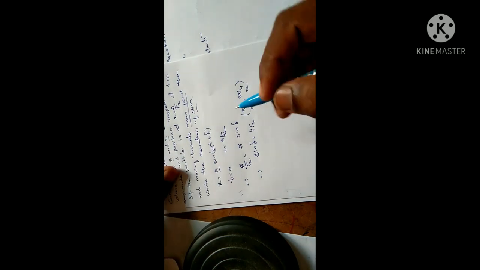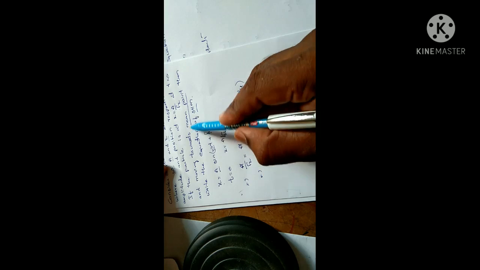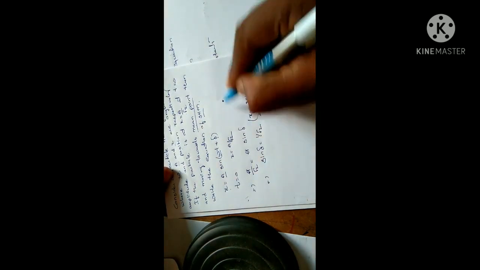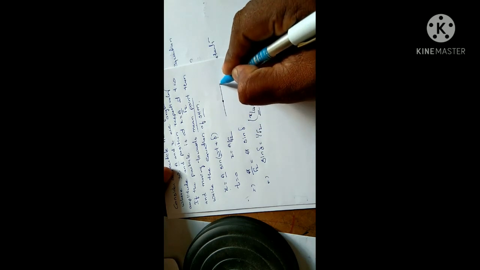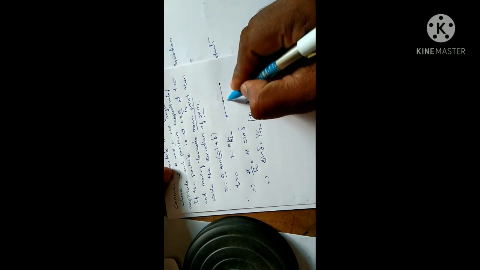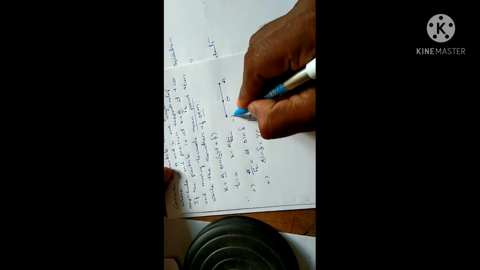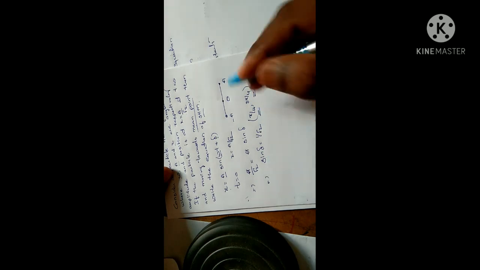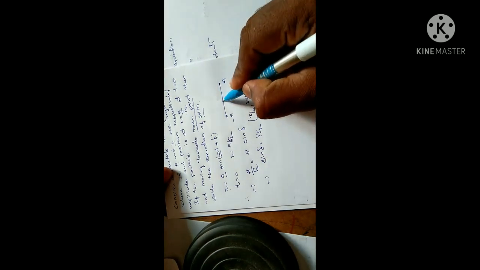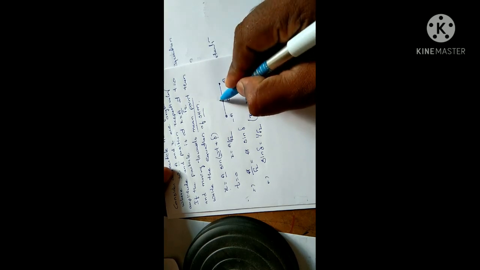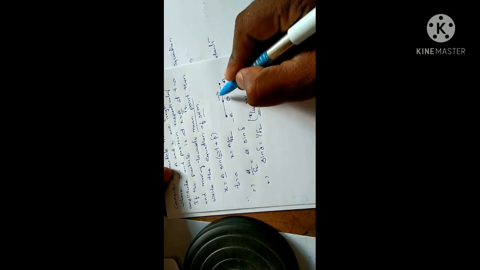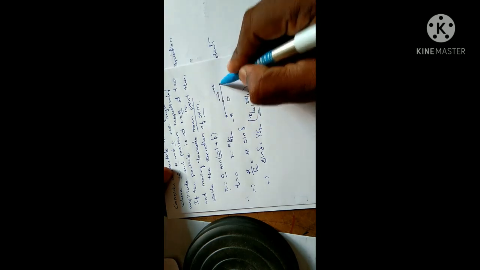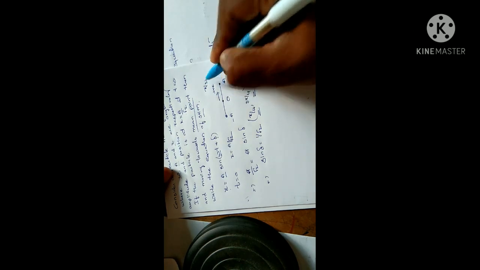He has given one more clue in the problem: the particle is moving towards the mean point. Let this be the mean point O, and A and minus A. If delta is pi by 4, the particle will be moving towards the positive x-axis, and from here to here the phase value will be pi by 2 only.